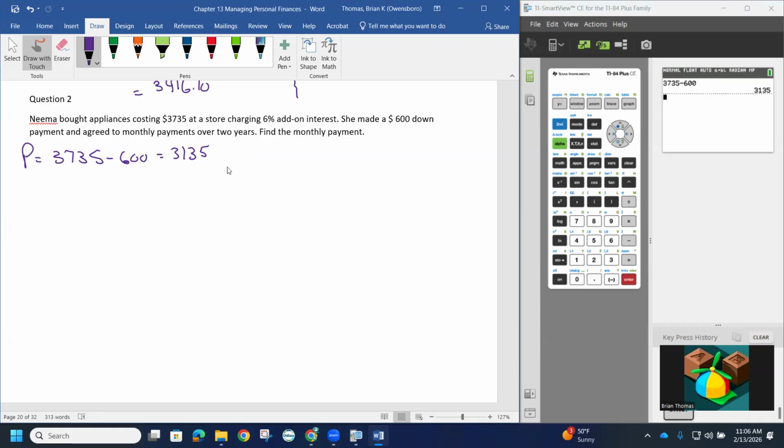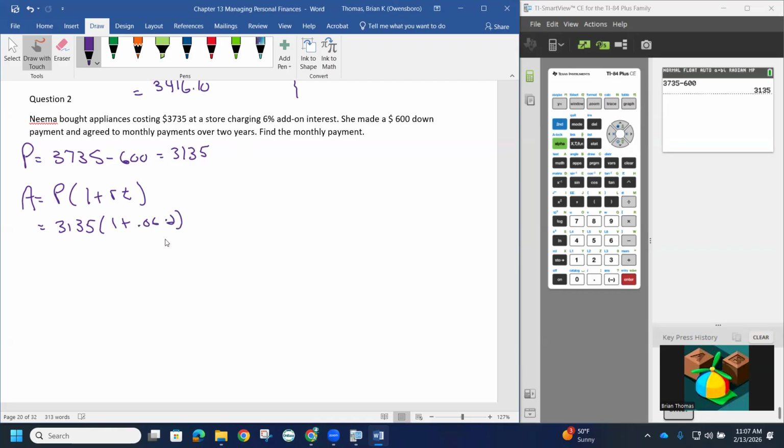Now, what we really need to do is find how much she has to pay back. So really that's her final amount. Remember the final amount, there's a shortcut form that says if we multiply the principal times 1 plus RT, since this is simple interest, this will give us the amount she's borrowing over a period of 2 years. Notice we are borrowing only $3,135. The interest rate was 6%, which is 0.06, over a time of 2 years.